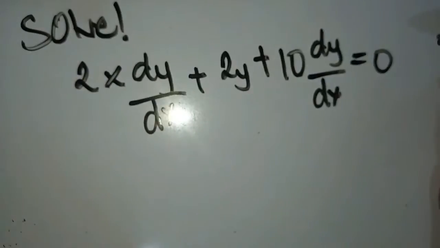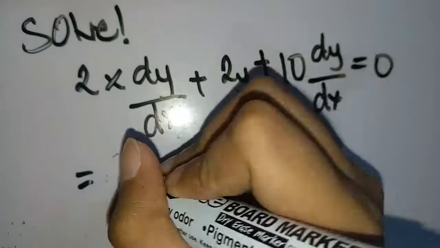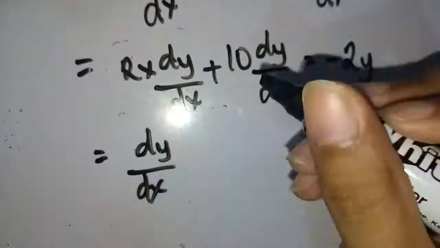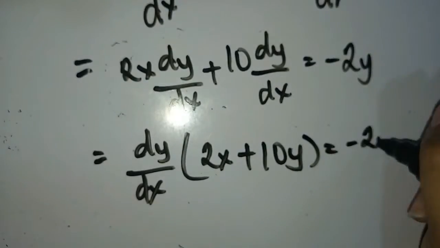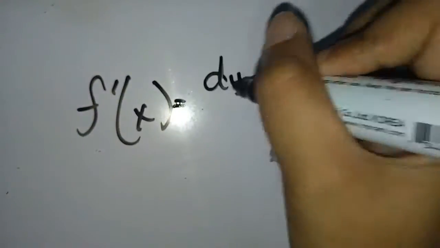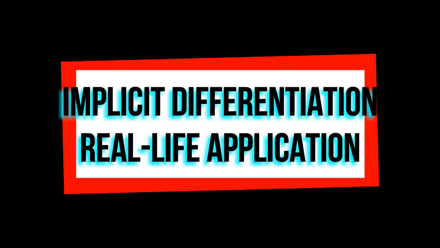Now solve for both terms. Transpose 2y and factor out dy over dx. You have to cancel 3x plus 10y in order to leave dy over dx by dividing both sides by 3x plus 10y. Here is a sample problem for implicit differentiation.